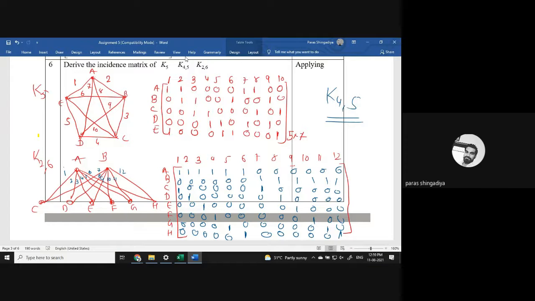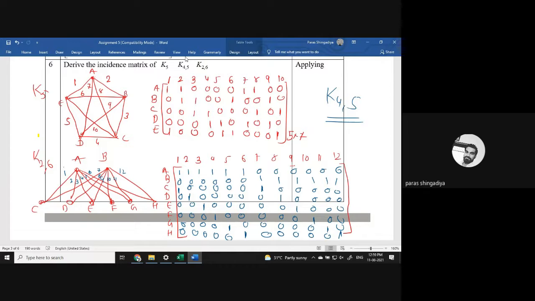Okay, so here we'll stop, clear. Practice some more examples of adjacency and incidence matrices if required, clear. It's very easy, not difficult, you just have to follow the given procedure, then you can easily derive any matrix, and from the matrix we can also derive the graph.